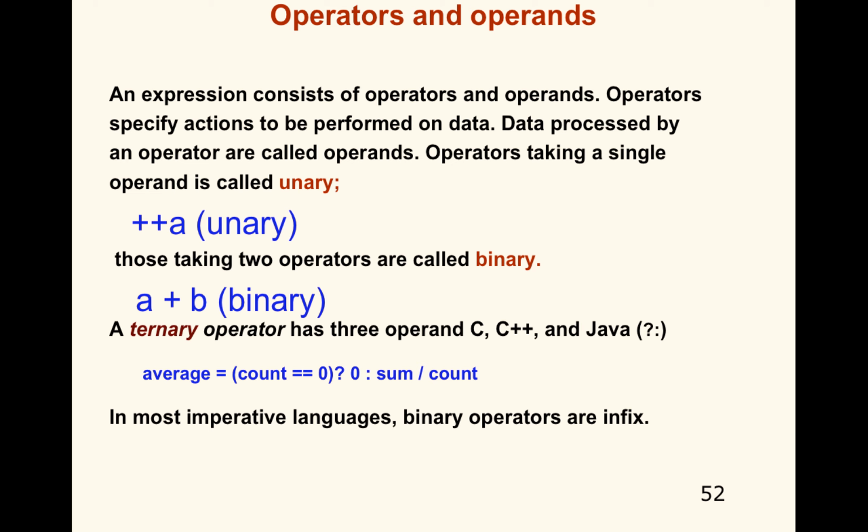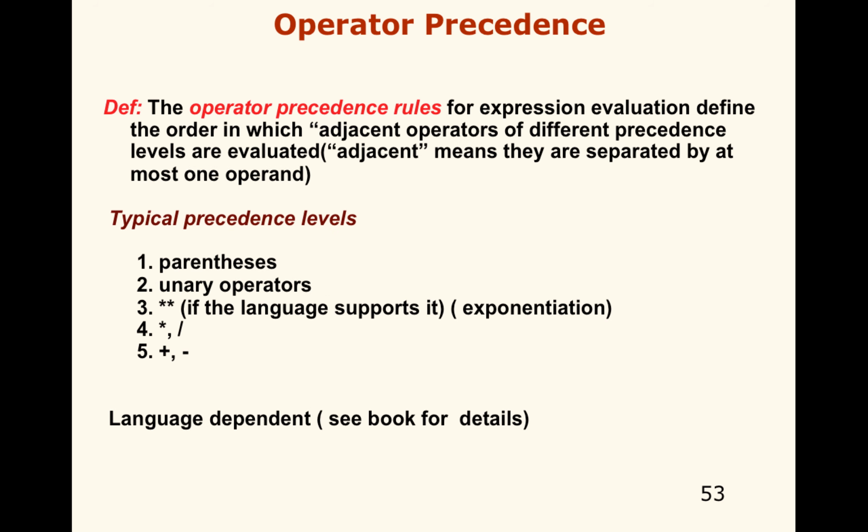In most imperative languages, and if you go back to the definition of what an imperative language is, C would be an imperative language, the binary operators are infix, which means the plus is in the middle. I believe the next slide has the differences with the infix, and no, it doesn't. Let me explain this then.